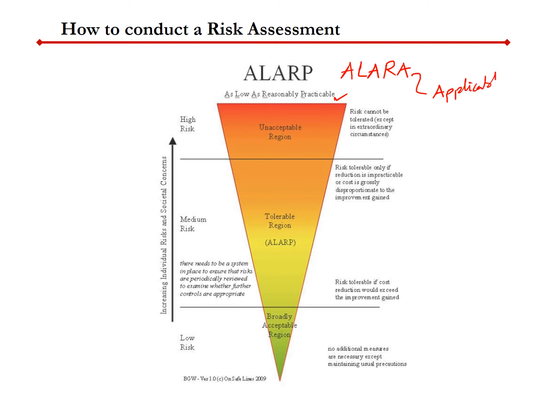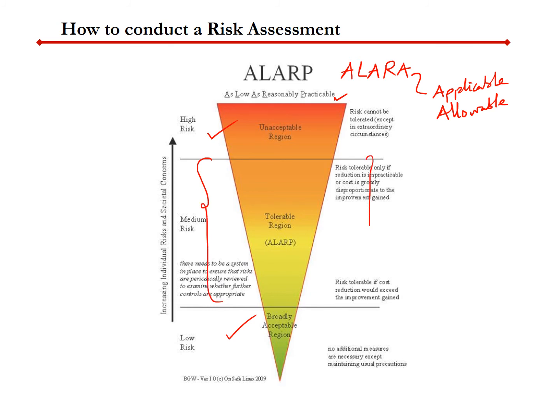This has to do with the specific risk and what it is going to cost you to bring down the risk. You can see here in this inverted triangle, we have the high risk in this region, which is the unacceptable region, and the low risk in this green region, which is acceptable. Then in the middle we have medium risk, which is the tolerable region.